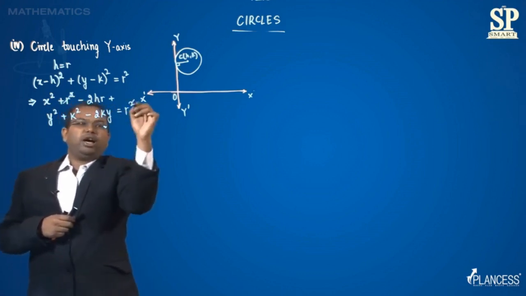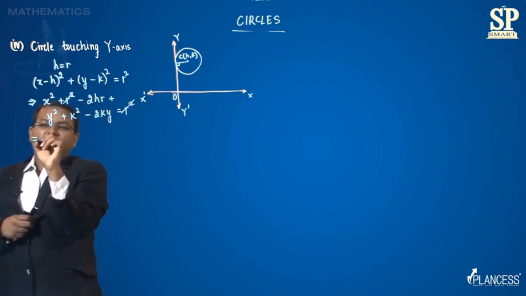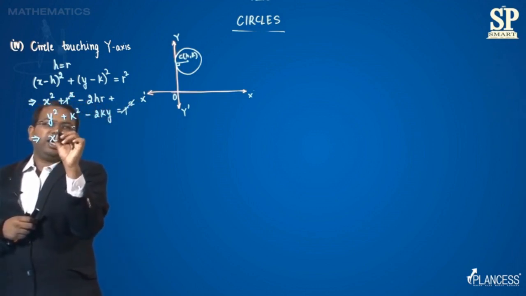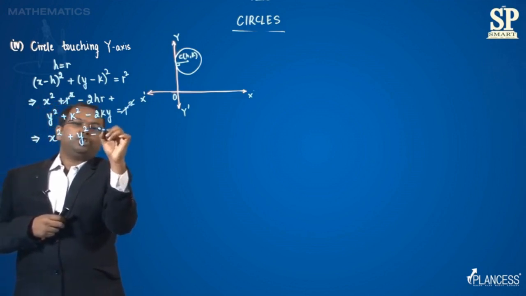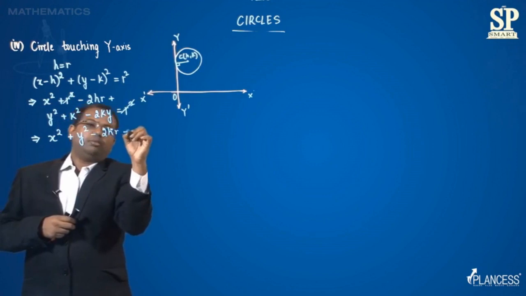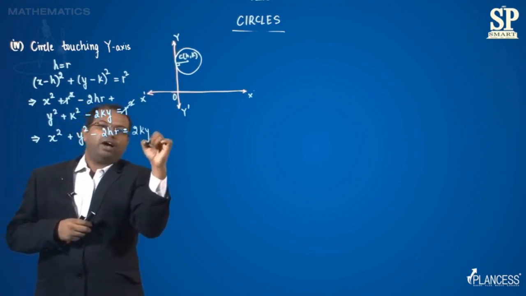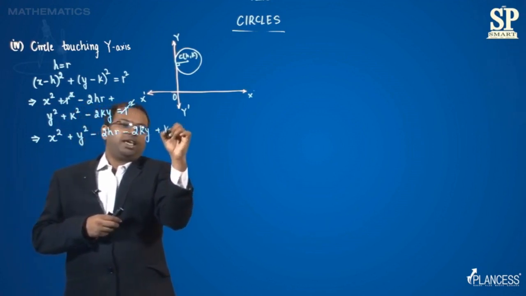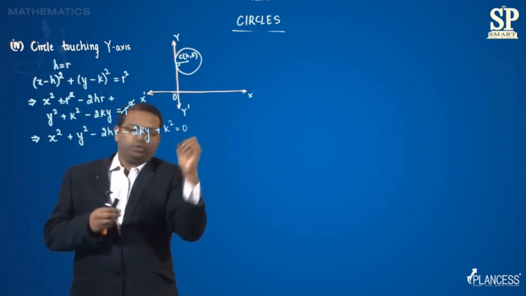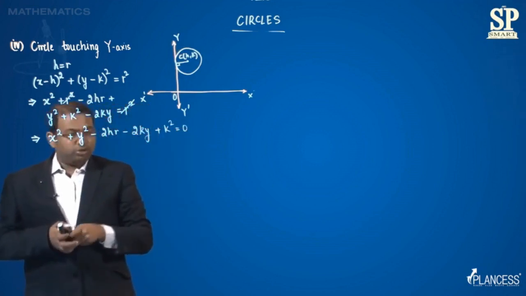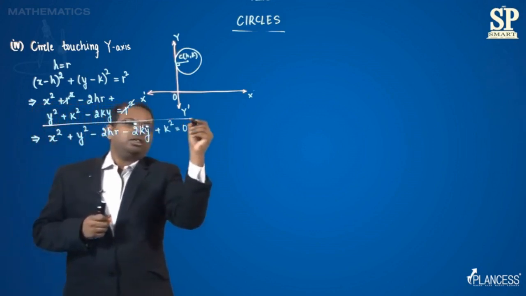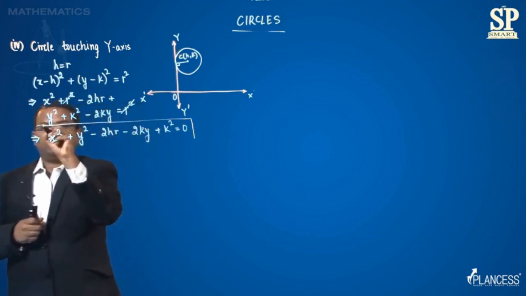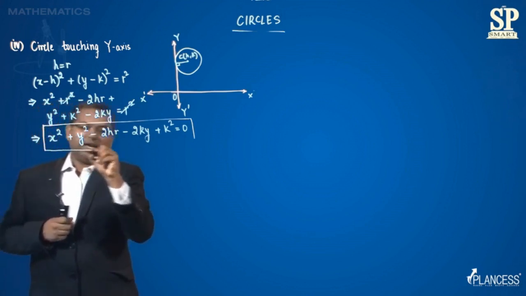So r square again gets cancelled, and what we are left with is x square plus y square minus 2hr minus 2ky plus k square equal to 0. So this is the equation of the circle when the circle is just touching the y-axis.